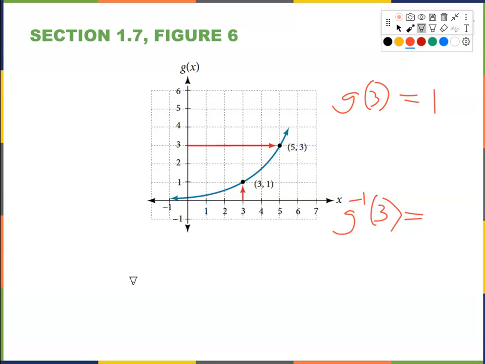What if now you're going to have your output as 3, what's going to be the input? So if your output is 3, look at this, then you will have 5. So g inverse of 3 is equal to 5. So from here to that, input to output.